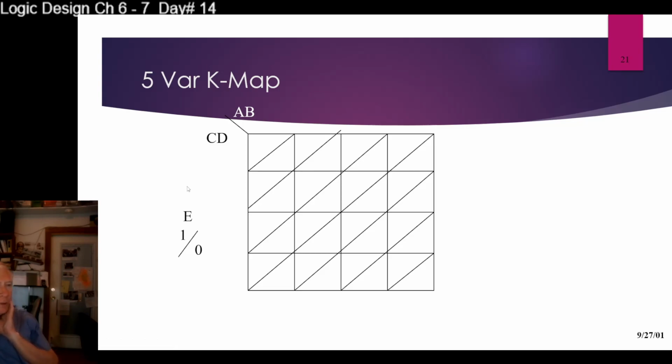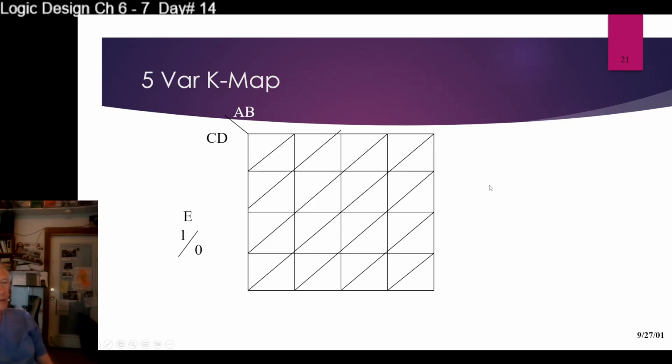And this top triangle, the upper left triangle in that upper left box, would be A prime, B prime, C prime, D prime, E. Okay? So that's how we often do it. Or you can reverse the 1 and the 0 if you like that better.